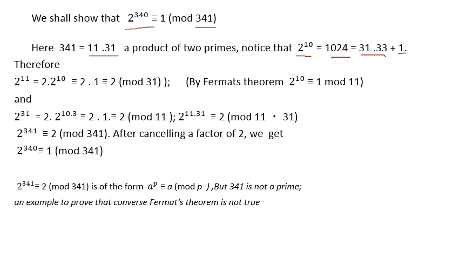Therefore 2^11 can be written as 2^10 into 2, whereas 2^10 is congruent to 1 when you divide by 31. Here is a multiple of 31 and this part is the remainder. So 2^10 is congruent to 1 modulo 31. That is, on the whole, 2^11 is congruent to 2 modulo 31.